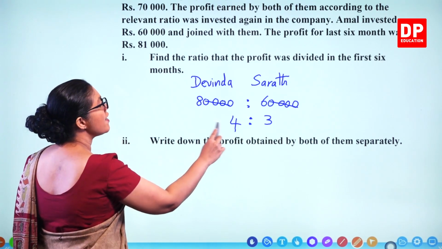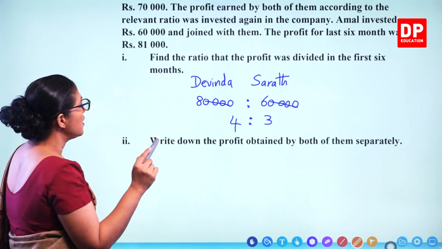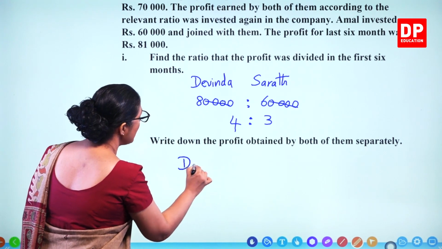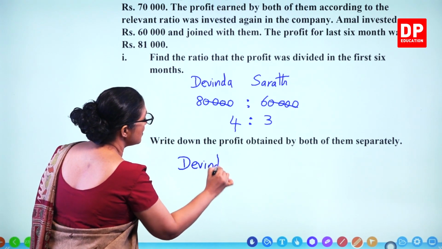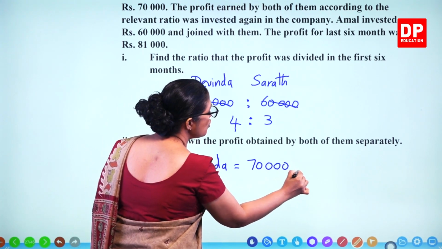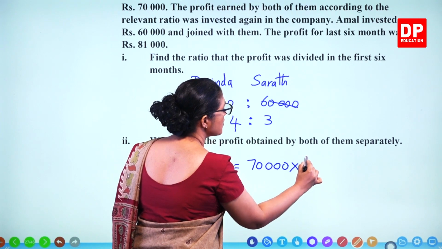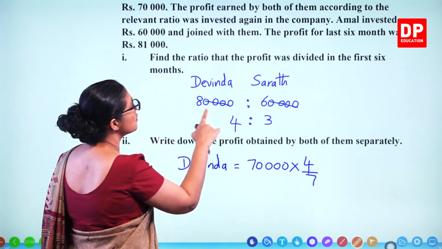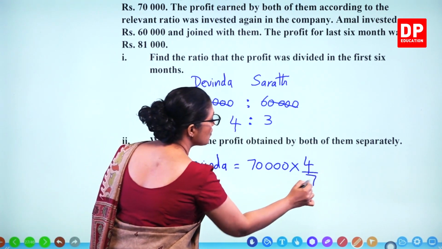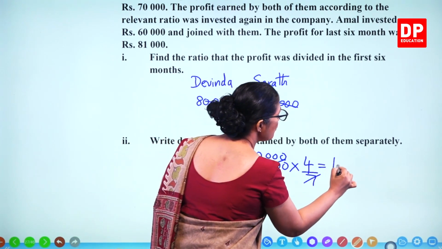So 4 to 3 ratio. The total profit is 70,000 rupees. What is the amount that Devinda gets? Devinda gets 70,000 rupees into the total parts, 4 plus 3, 7 parts. Out of that, 4 parts for Devinda, so he gets 40,000 rupees.